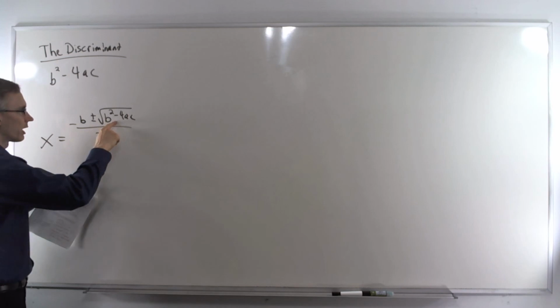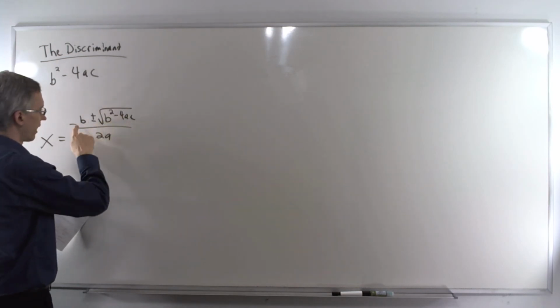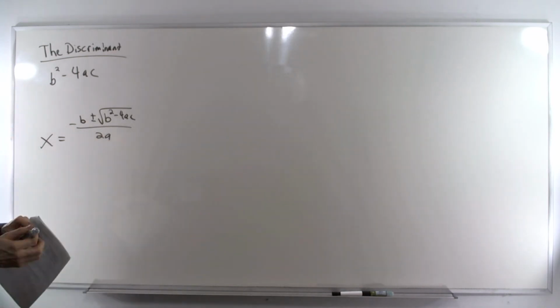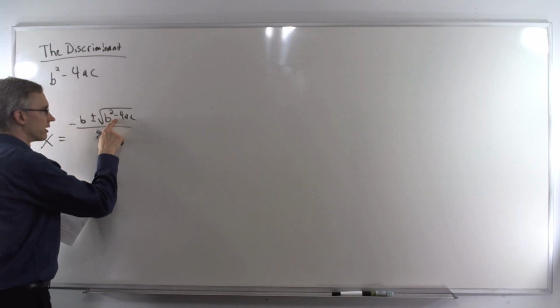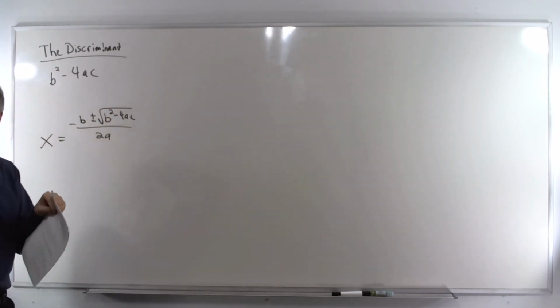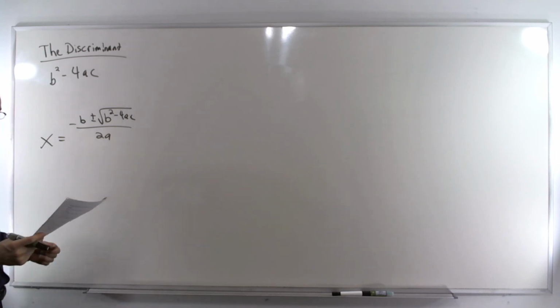If it's a perfect square, take the square root of a perfect square, we get a whole number here. And if we're adding or subtracting a whole number, that's going to give us rational solutions. But if it's not a perfect square underneath here, that means this cannot be simplified down to a whole number. The radical is going to be left in there. So we get an irrational solution.